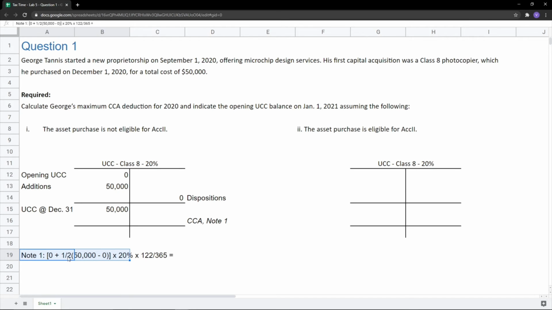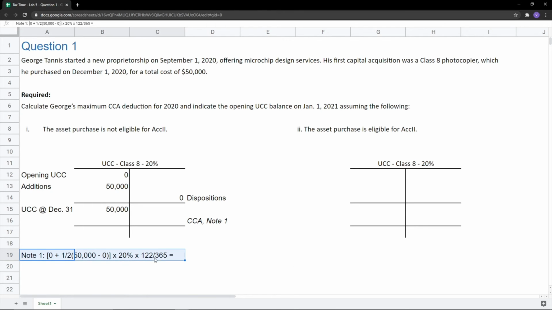So whenever an asset is acquired, really the most CCA you can take on it is 1/2, 50% of a typical year under the half-year rule. This proration here has nothing to do with the fact that the asset was purchased during the year. It's got everything to do with the fact that the asset was purchased in a short fiscal year.